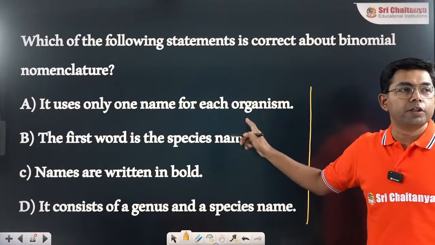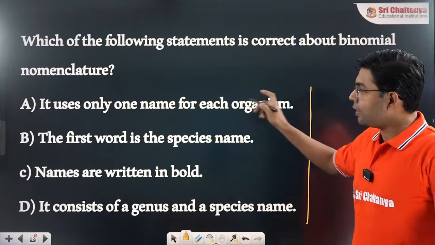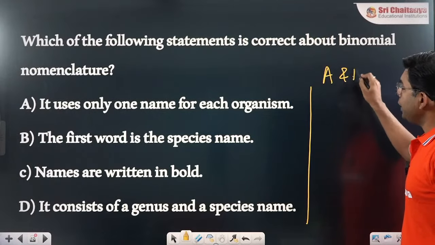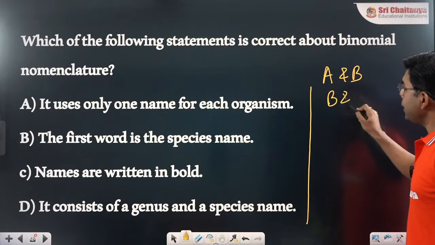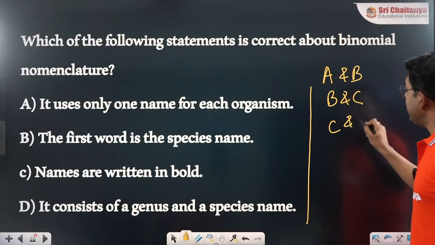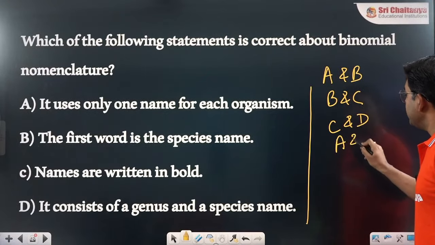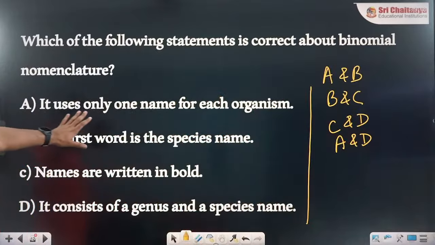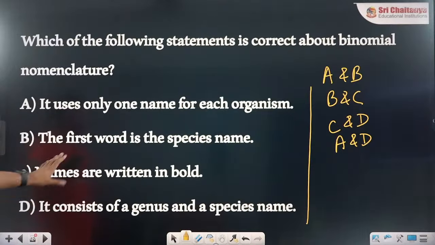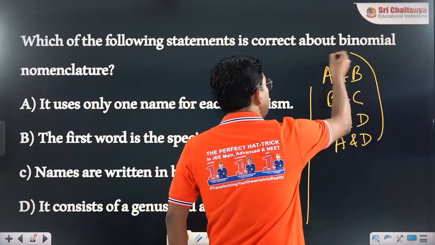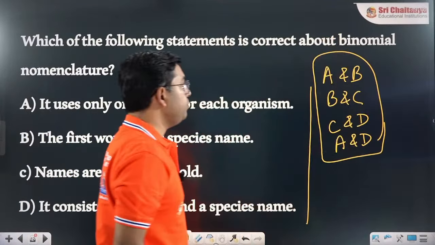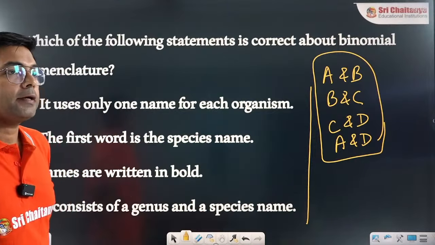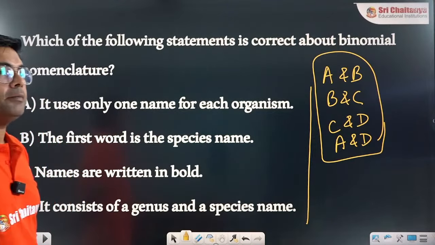I will give you the options: A and B, B and C, C and D, or A and D. Out of 4 statements, 2 statements are correct. Now tell me whether it is A and B, B and C, C and D, or A and D. Which is correct?